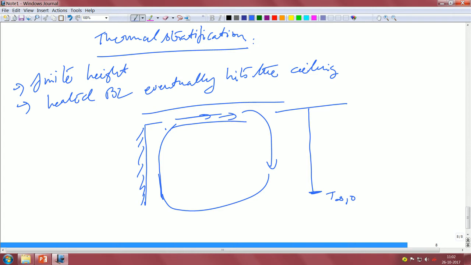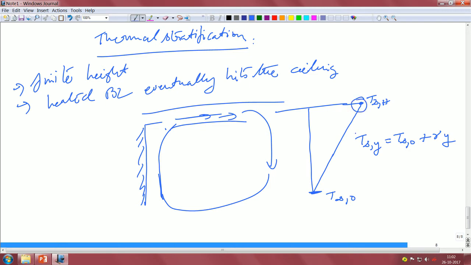Assuming it is linearly stratified, it goes up to another temperature, T infinity H, and the temperature at any particular y is given as T infinity 0 plus gamma y. This gamma is not the kinematic viscosity; this gamma is some slope.